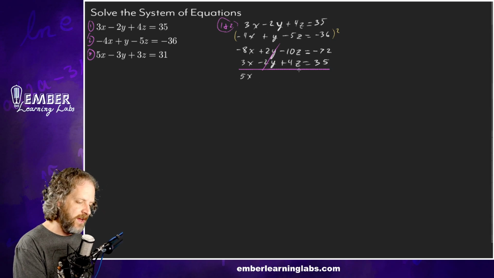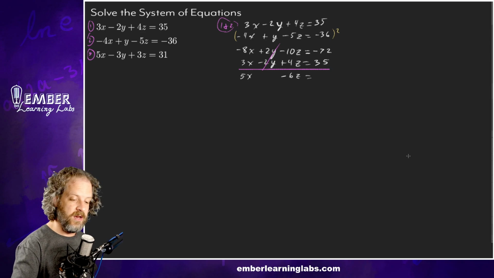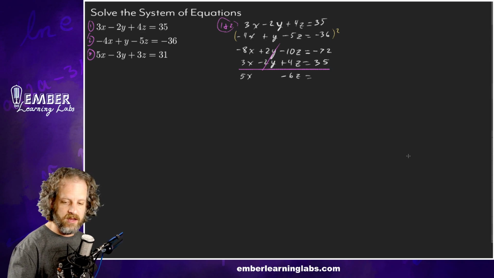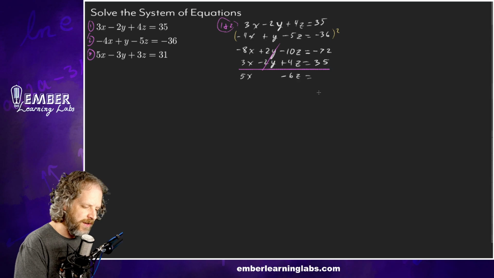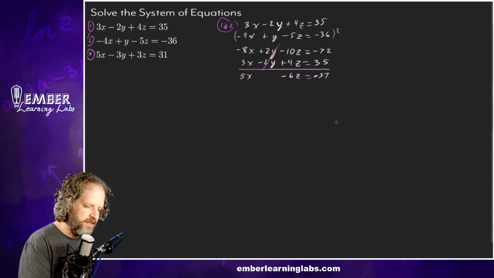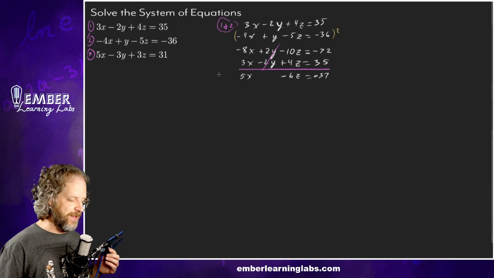So negative 10z plus 4z is negative 6z, equals negative 30 something. We're going to subtract because the signs are different. So 72 minus 35. Keep in mind that the bigger one is the 72, so it's actually going to be negative 37. All right, so there's one 2-variable equation.